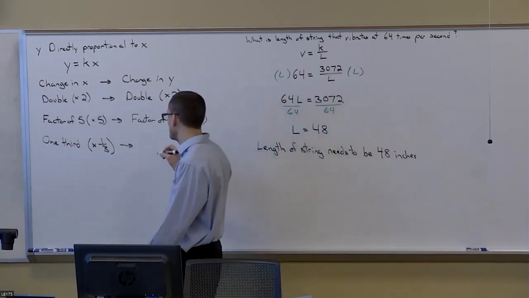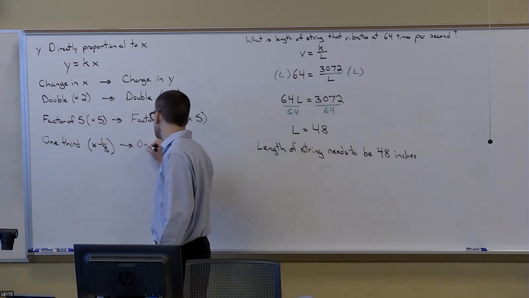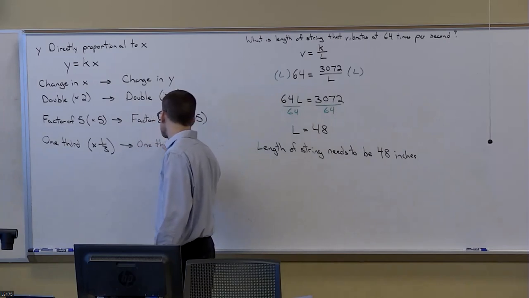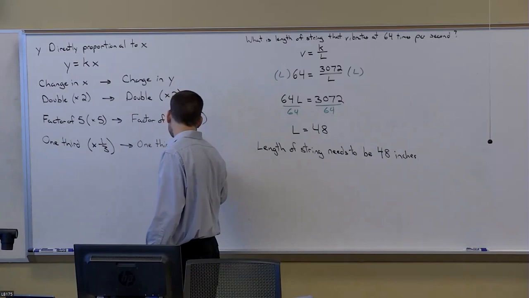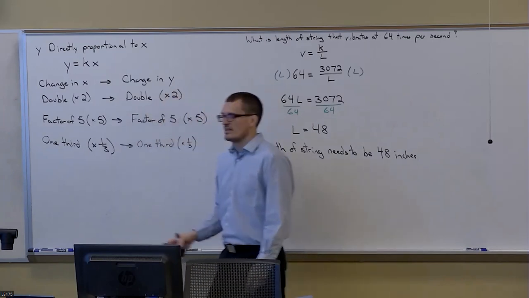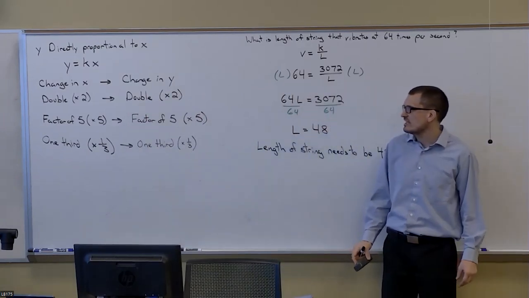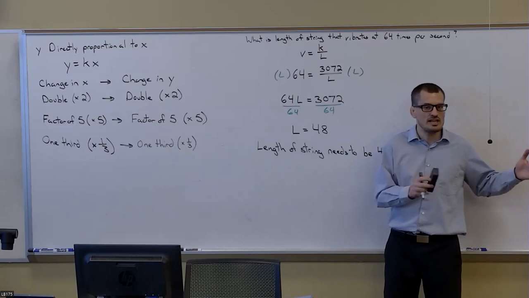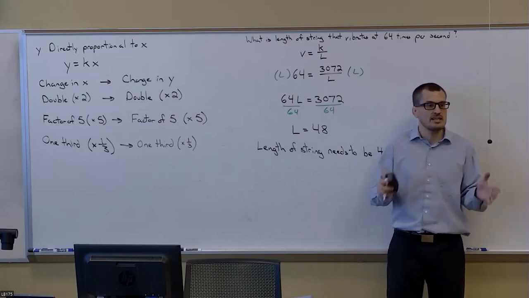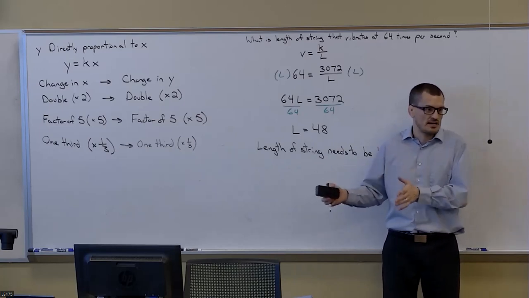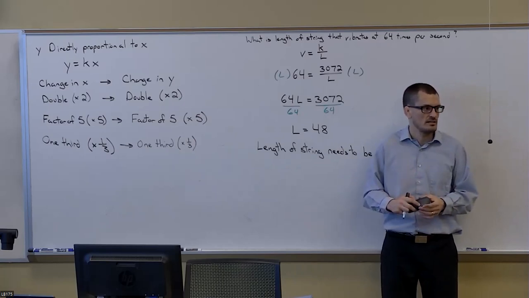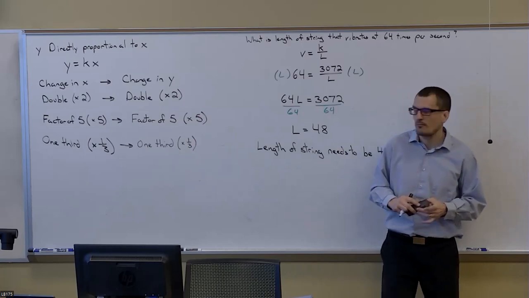It'd be a third, right? Direct variation has this feature. That is, if y is directly proportional to x, no matter what the change in x is, there's going to be an equal corresponding factor change in y.